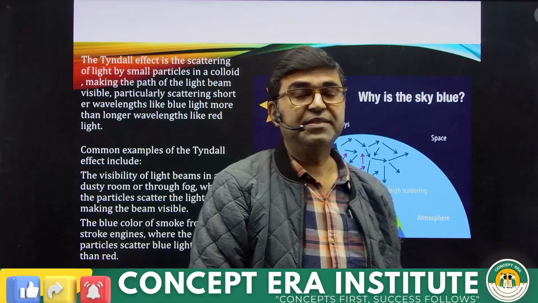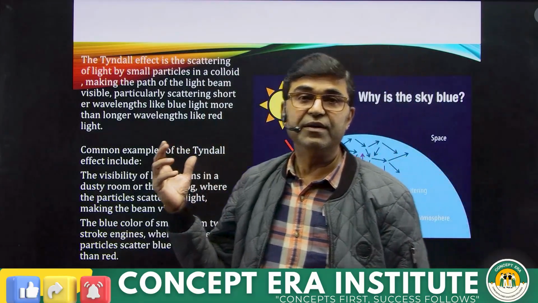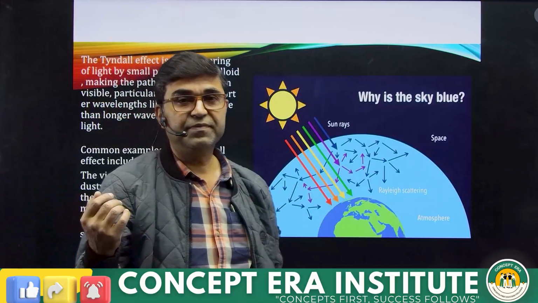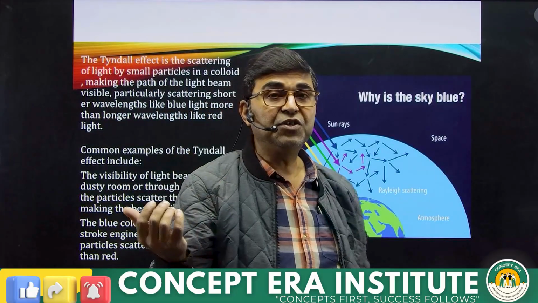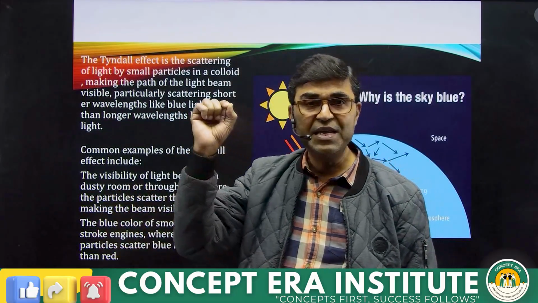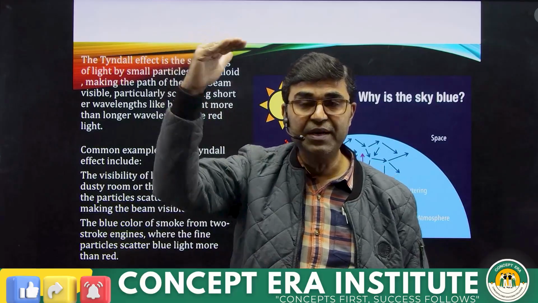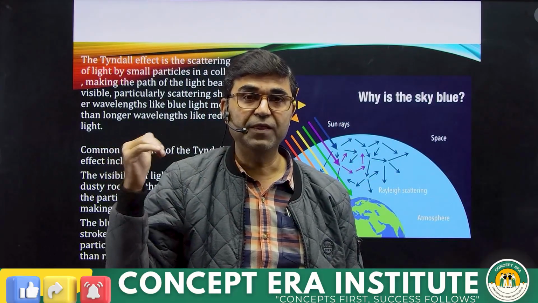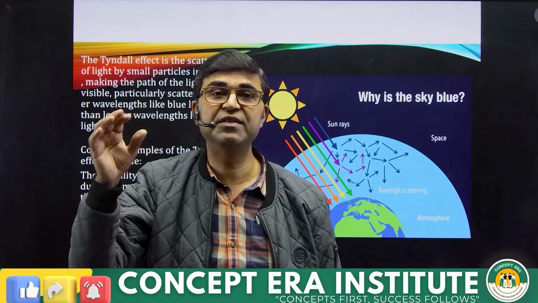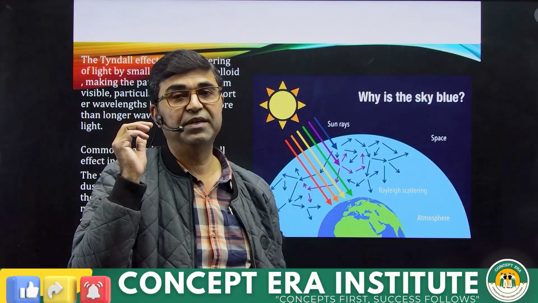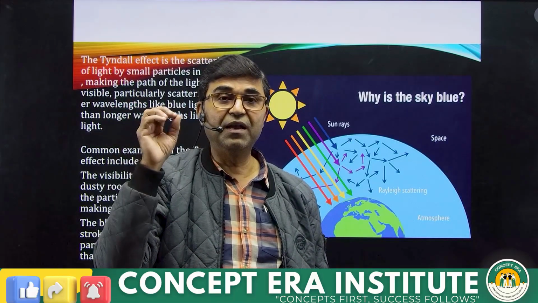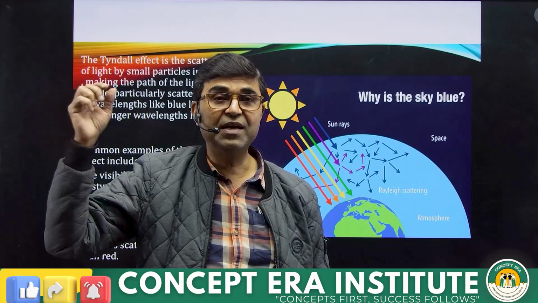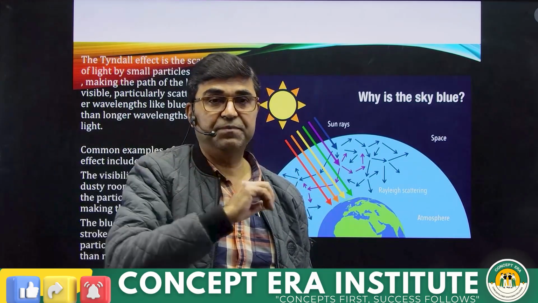Tyndall's effect says that when light passes through a medium like water or air, it gets reflected by the tiny particles suspended in the medium, in air or in water. Those tiny particles are so tiny that we are not able to see them, but they are large enough to reflect the light which is falling on them.